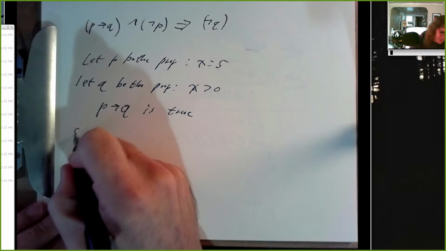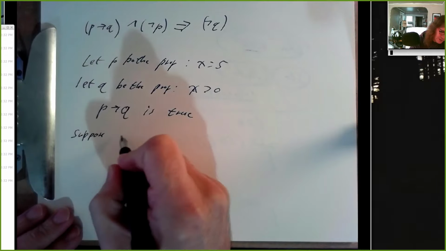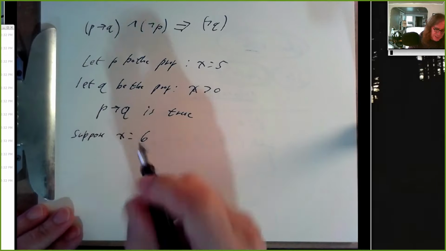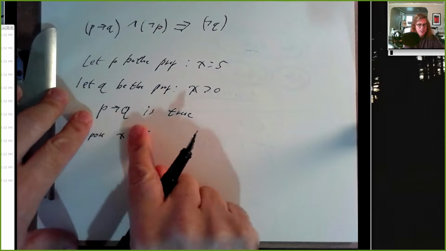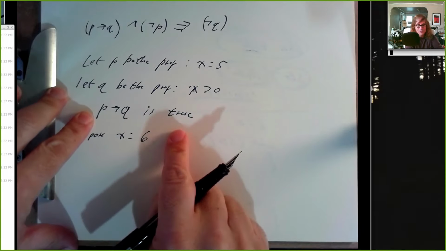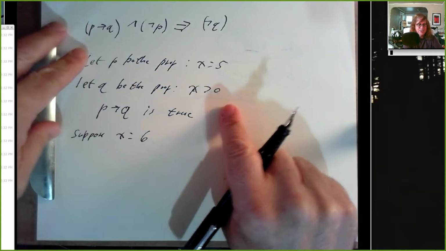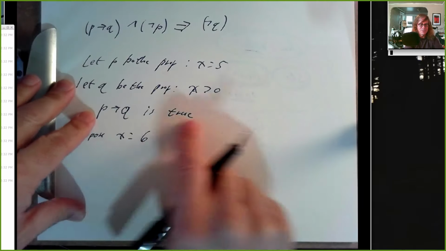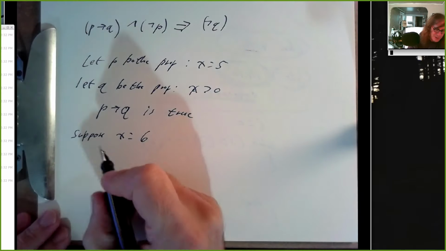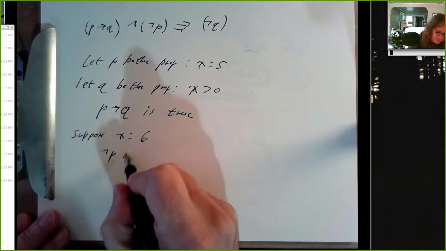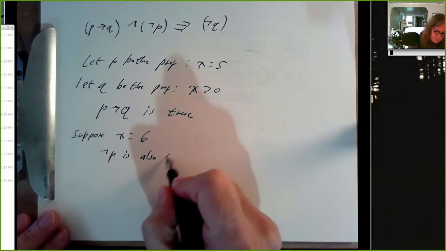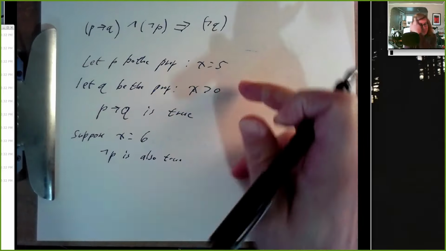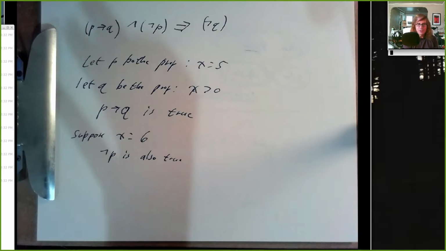Okay, suppose x is equal to 6. All right, well, if P then Q is still true, right? If x is 5, x is bigger than 0, that's absolutely a true statement. So P implies Q is true. Not P is also true. P is the proposition x equals 5, while x is 6, so not P is also true.